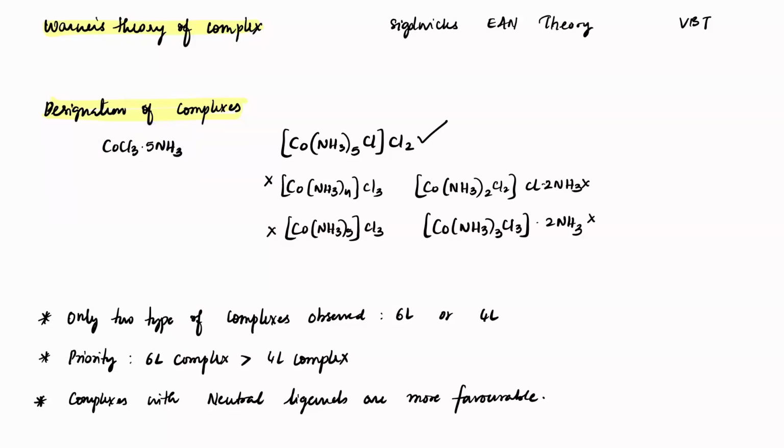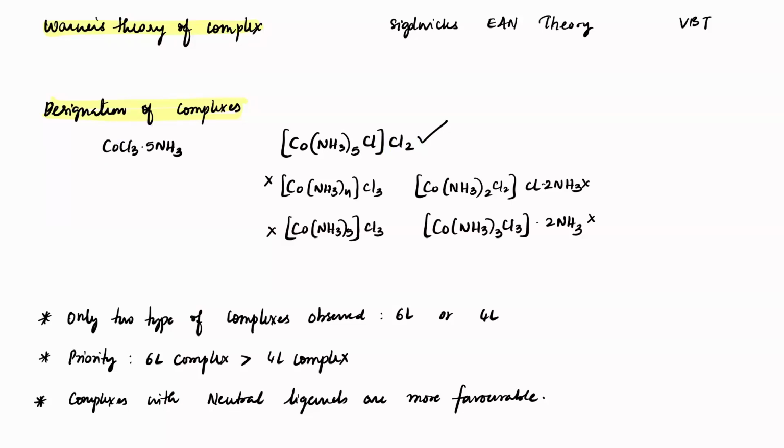But then comes the new representation, which is what Werner has proposed. If this is the total content of the molecule, probably how it exists in a complex form is like this. That is cobalt, and the neutral ligands will always be the ones which get associated first. So 5 ammonia, and then we will have one chloride inside and two chlorines outside.